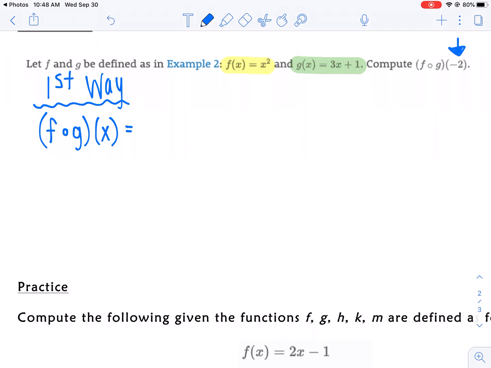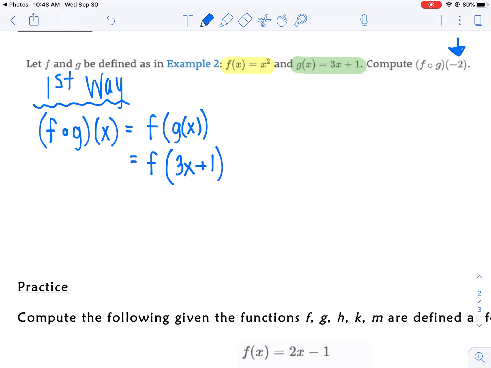So I'm going to go through this one. It's just like the one we did above. It means I'm going to take the g, plug it into the f. So I'm taking g, plugging it into f. What is g? It's 3x plus 1.